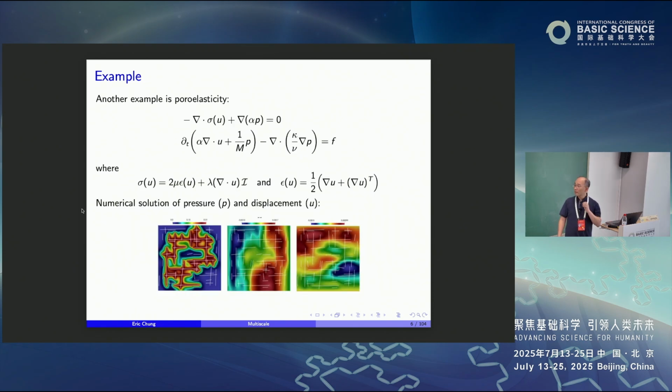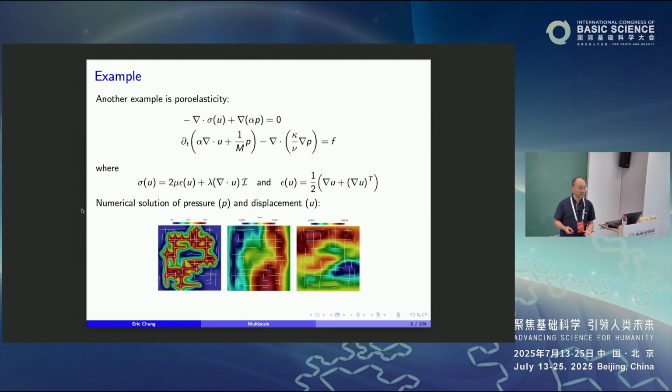Now, another example that we consider is poroelasticity. Here, U is the displacement field, and again P is the pressure and so on. So you have a coupled system that relates both the pressure P and the displacement U, and then the stress sigma, and epsilon of U is defined in the standard way.